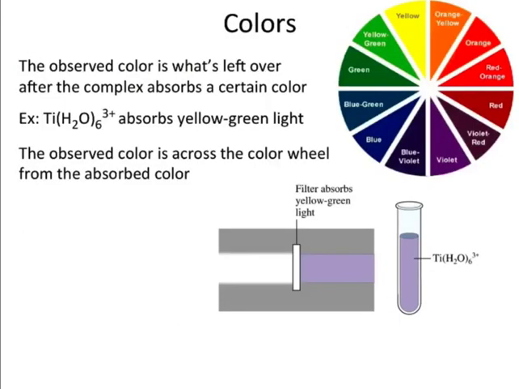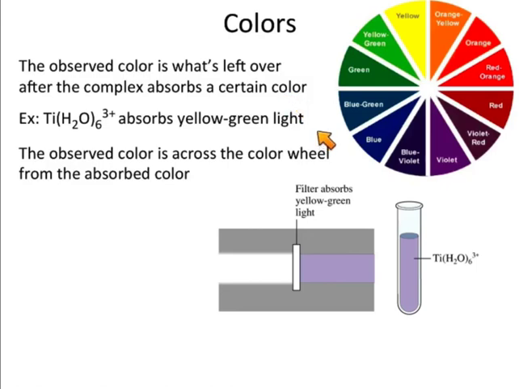So now here's something else from the previous semester, right? First semester Gen Chem, we talk about absorbed versus observed. And so let's remind ourselves what that is, right? So the observed color, what your eyeballs see, is what's left over after your compound absorbs some color.